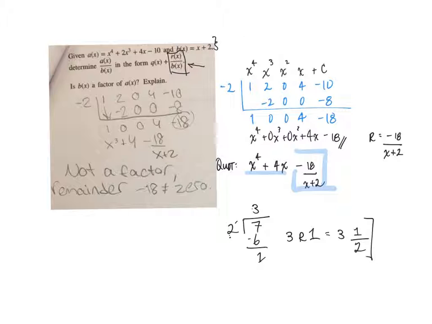And your answer, I think it's not a factor because we have a remainder that's non-zero. That's totally good. But just up here, make sure that you recognize that this should be 4x. Otherwise, I think we're pretty good.